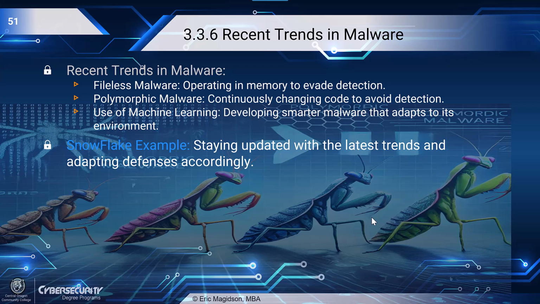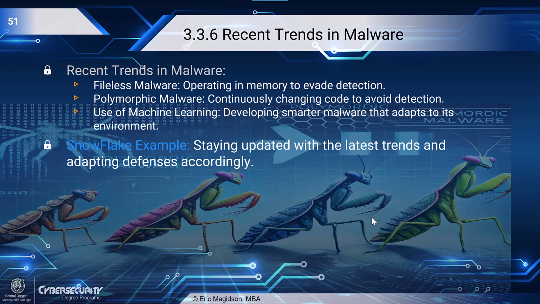Polymorphic malware is continuously changing code to avoid detection. We'll see the implementation of AI, more code being written, more complex malware being written that can change itself to keep from having an identifiable signature. So in the case of a worm, it may change itself enough each time it's propagated so that it doesn't show up as the same malware on different nodes within our network.